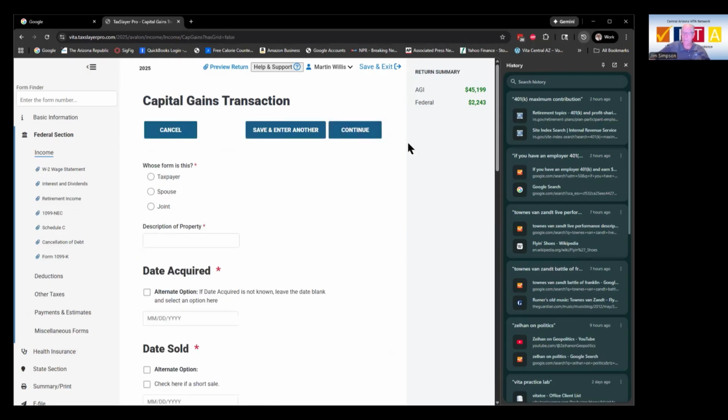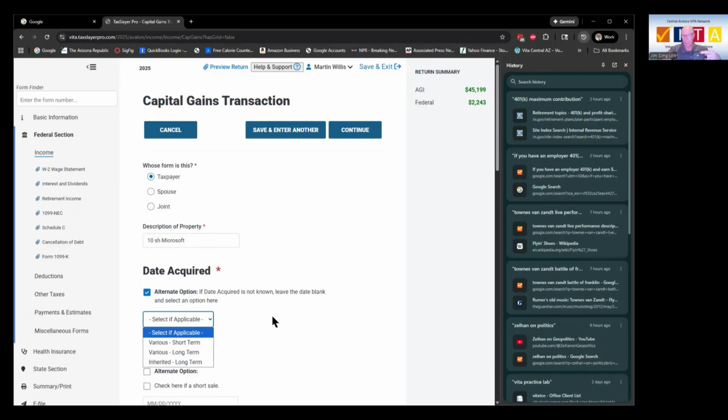So let's start here. We'll say that this is from the taxpayer. We're going to say that he sold 10 shares of Microsoft. Okay. What was his date acquired? Now, here's the thing: sometimes, in fact often, and I showed you that brokerage statement where they had several transactions, right?